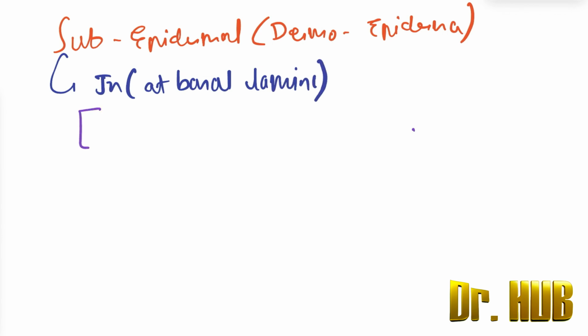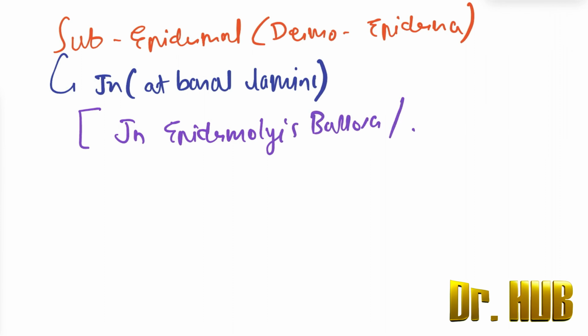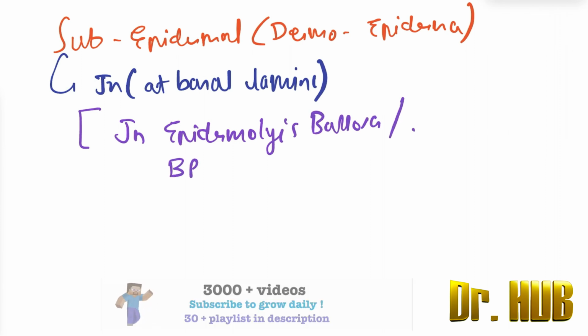It includes junctional epidermolysis bullosa. Next is bullous pemphigoid, and then toxic epidermal necrolysis, that is TEN.